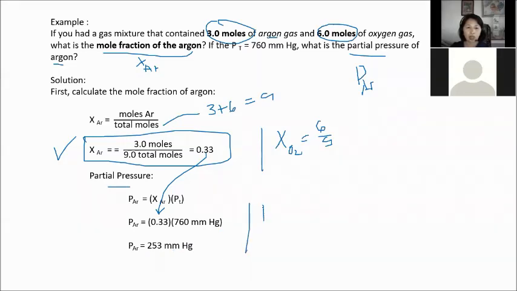So kung ipakuha din yung P of O2, then kung ano ang makuha na value dito, 6/9. 6 divided by 9 is 0.67. So 0.67 of 760. Yun ang P ng O2.